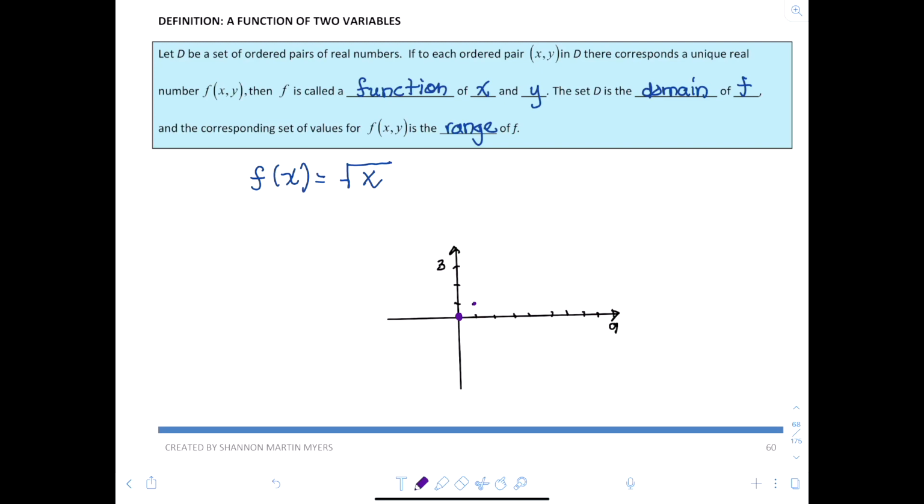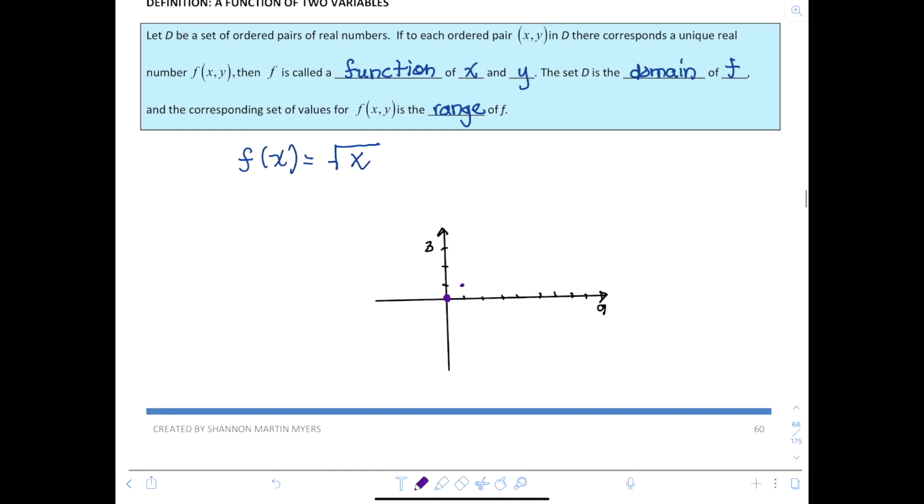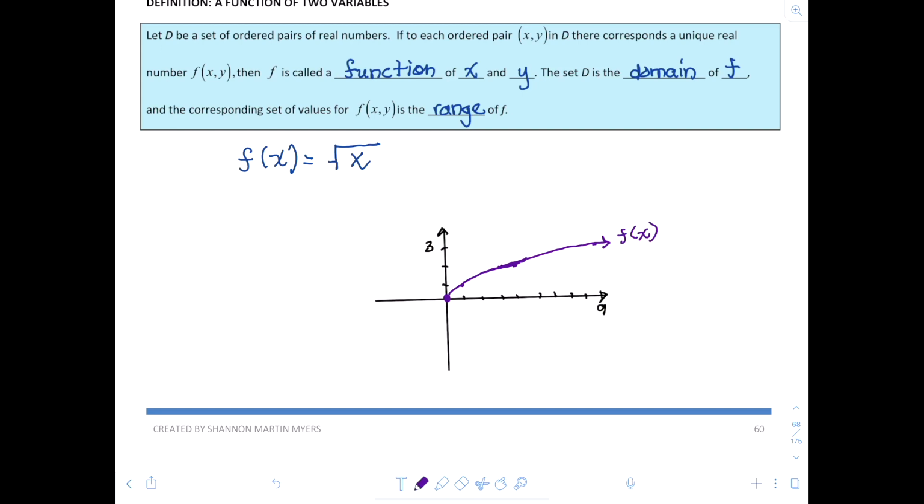We'll have something over at 4, 2, somewhere around there, and at 9, 3, ordered pairs. Okay, there we go. Something like that. It doesn't have a dip, but you kind of get the feel for it. So this here would be just our f at x equal to root x.